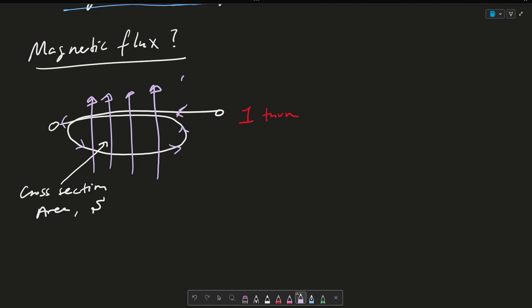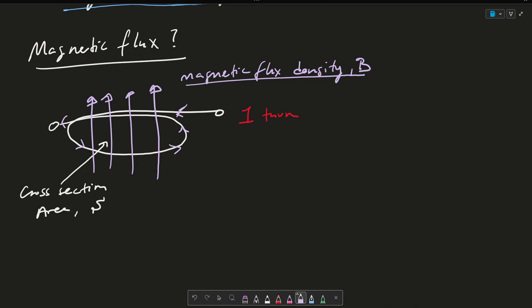What's called the magnetic flux density, denoted by B, is generated. And essentially, this is how concentrated the magnetic field lines are in a given area. All right, so that's what it means by magnetic flux density.